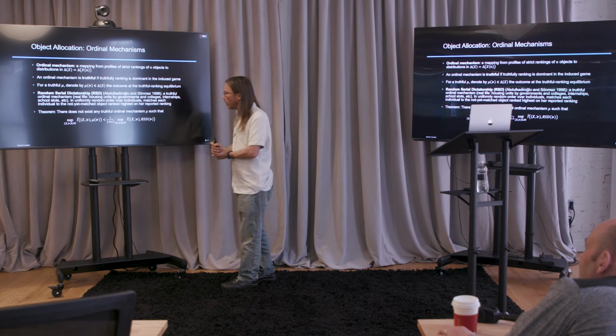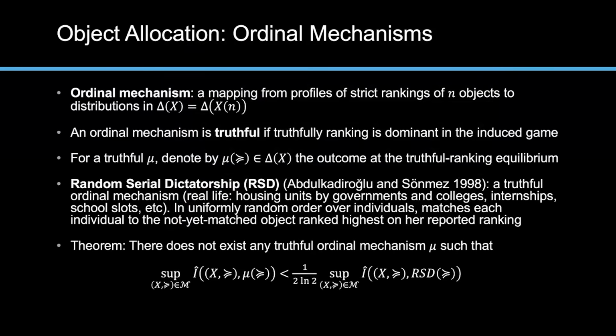Theorem. There does not exist any truthful ordinal mechanism whose worst case inefficiency over all matching contexts is better than about 72% of the worst case inefficiency of random serial dictatorship, taken worst case over all matching contexts.